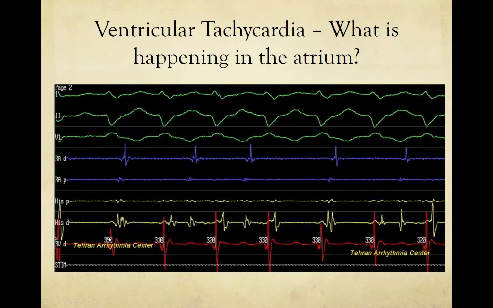Not surprisingly, there is a V in the ventricular channel for every QRS, because if there is an electrogram on the distal RV catheter, of course that means there's depolarization of the ventricle. What's interesting is you'll notice subtly that the QRS actually starts a little earlier than the onset of the electrogram.